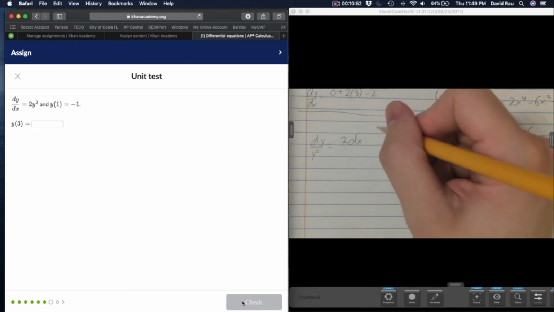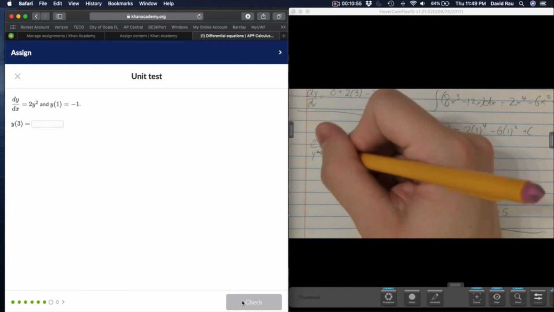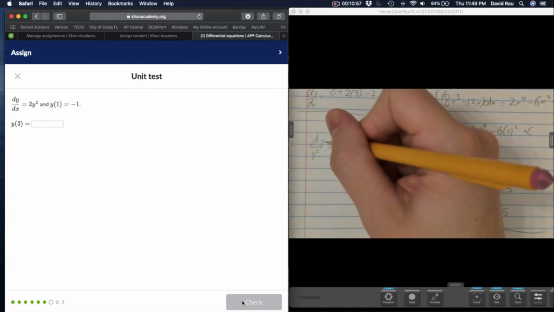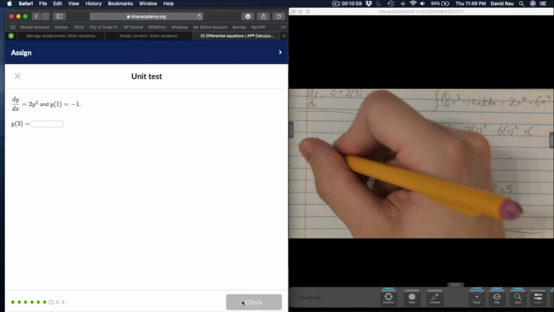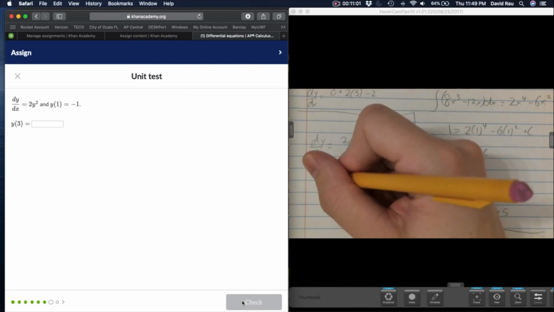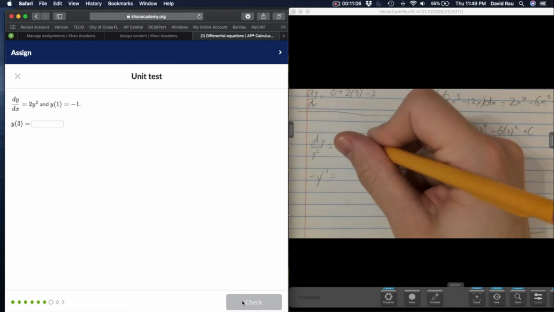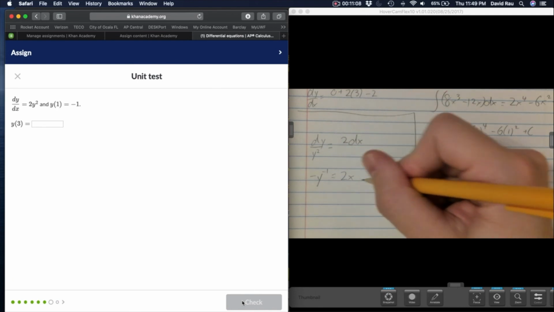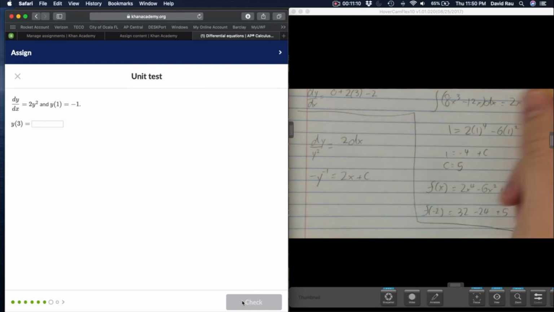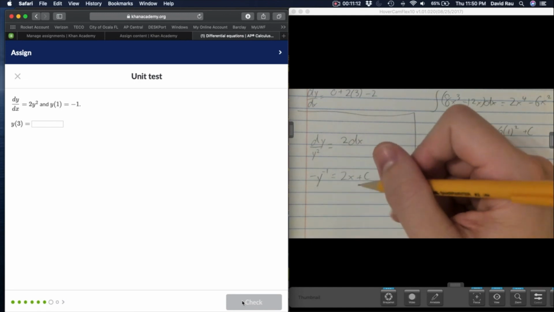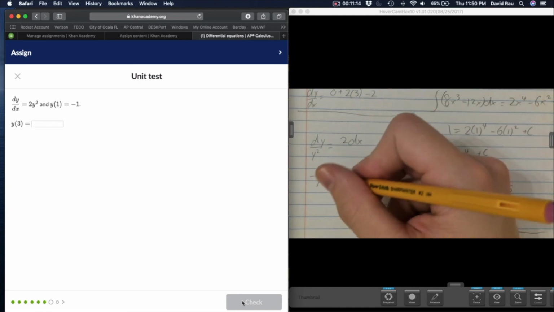Up next, we integrate. Again, be careful, this is not an ln because it's not dy over y. This is a reverse power rule, and you'll end up getting negative y to the negative 1 equals, and this will end up being 2x plus c. So I know I'm kind of skipping past some integration techniques here. Hopefully this makes sense to you.